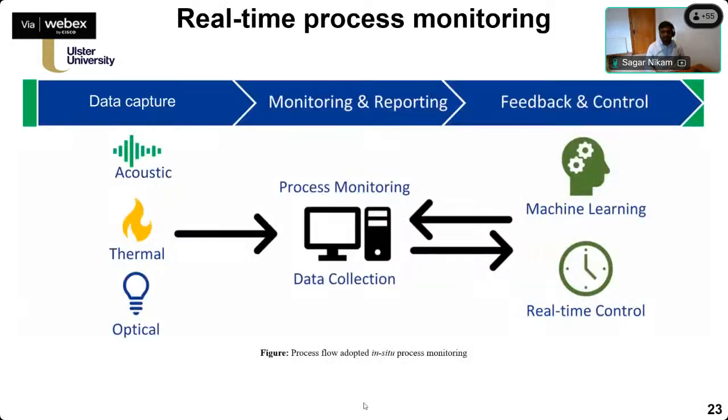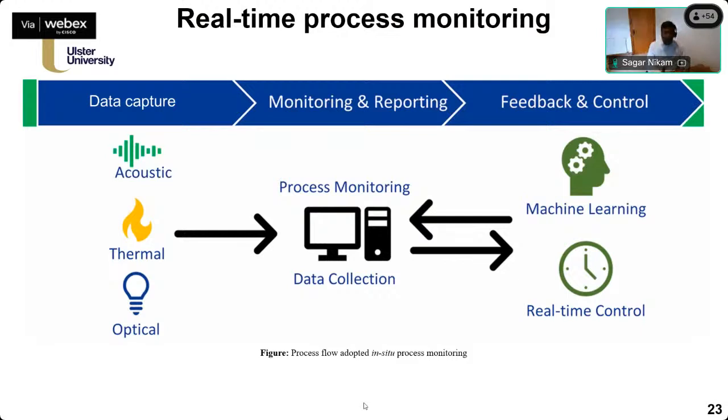So when it comes to real-time process monitoring, if I divide the digital twin into three parts, the first step is monitoring of the physical assets. We need some sort of mechanism that can monitor the deposition process in additive manufacturing, and not only the deposition process, but also the behavior of the process during the project.